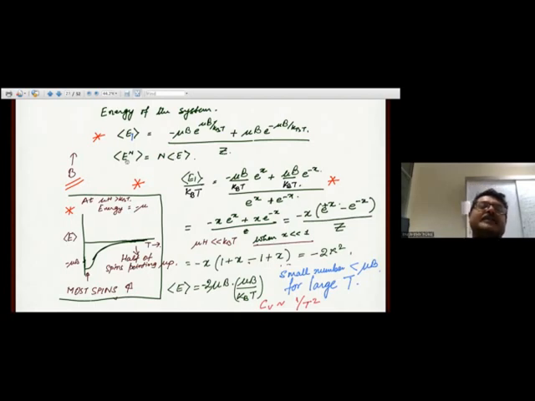And the energy of n particles and such non-interacting magnetic moments is n into e.